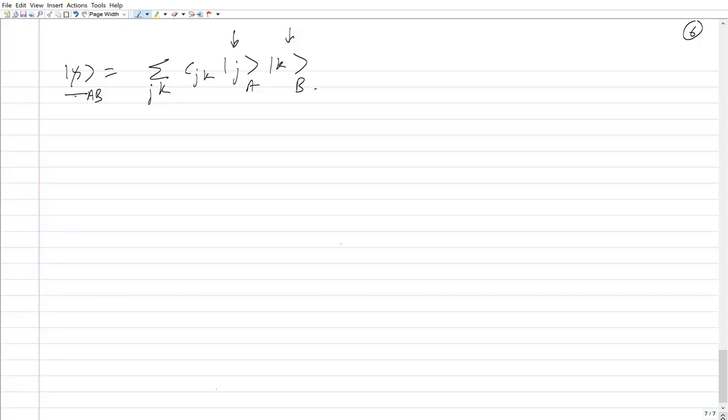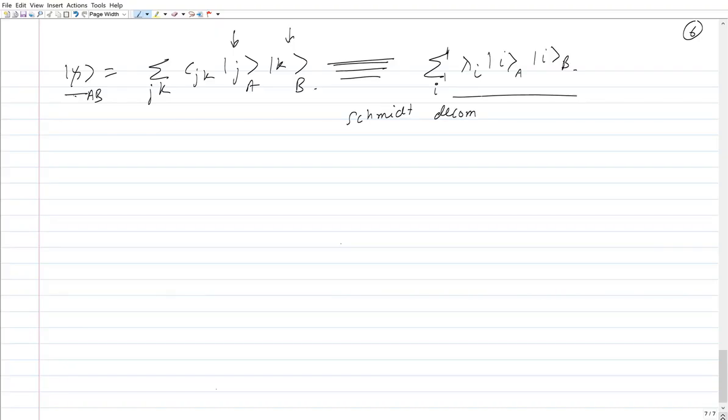Now, the essential feature of the Schmidt decomposition is that this state is equivalent to a sum over the same index, of a tensor product over two Hilbert spaces. This transformation is called the Schmidt decomposition, and it is very important in order to understand entanglement, as we'll see.